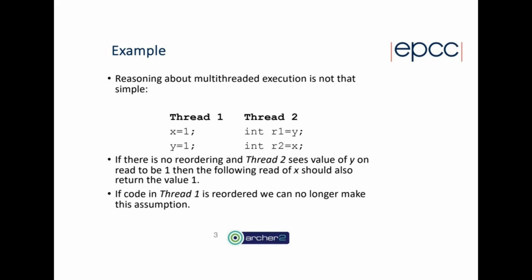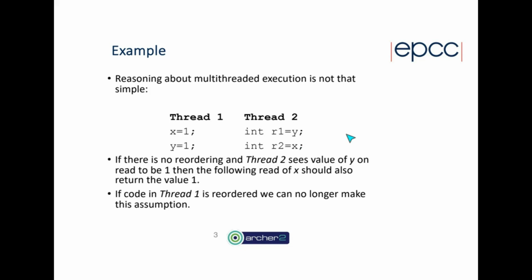But when we come to multi-threaded execution, things are not so simple. Suppose we had this little pattern here. We've got two threads. Thread 1 executes two statements: x equals 1 and then y equals 1. At the same time, or at least without any synchronization between the threads, thread 2 reads the value of y and then reads the value of x.